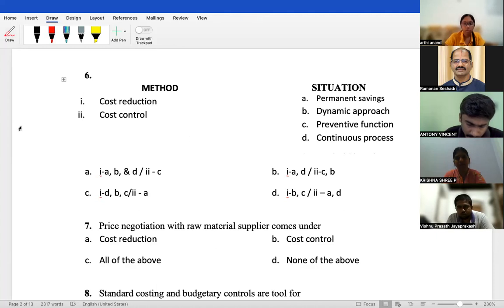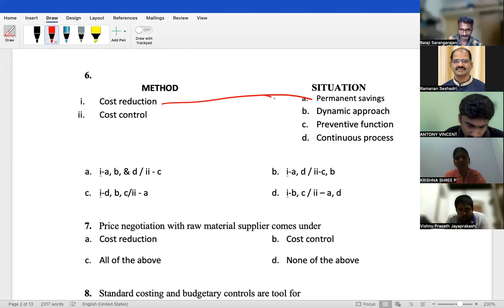Permanent savings comes under cost reduction. Dynamic approach, cost reduction. Continuous process, cost reduction only. Whereas preventive function, cost control.